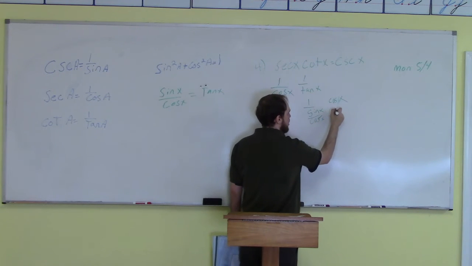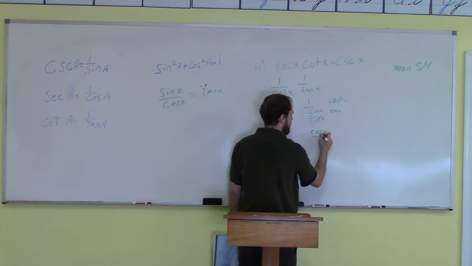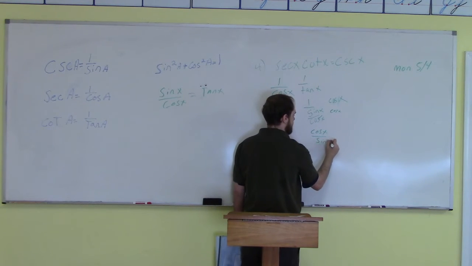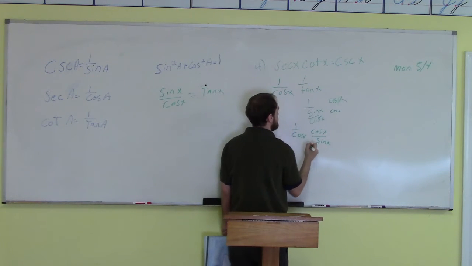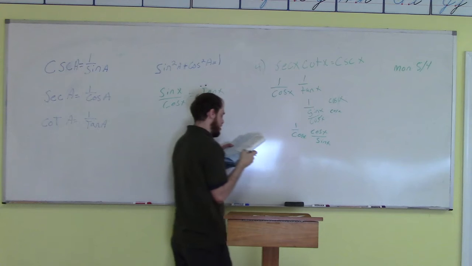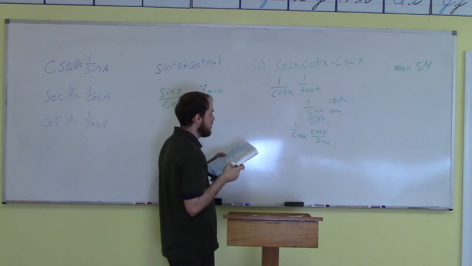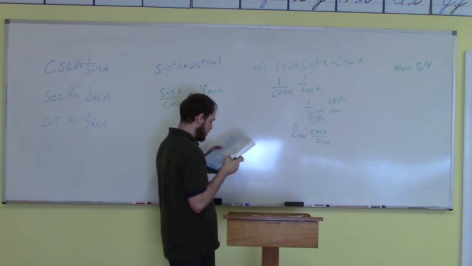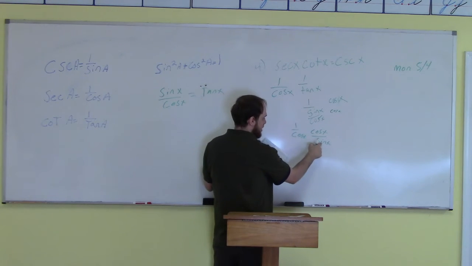And so you wind up with cosine of x over sine of x, and then times 1 over cosine of x. And so notice there, all I'm doing is working it down, and so you end up with basically 1 over cosine of x and then cosine of x over sine of x.